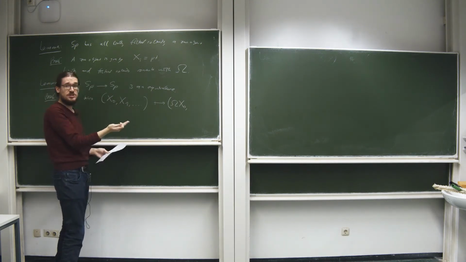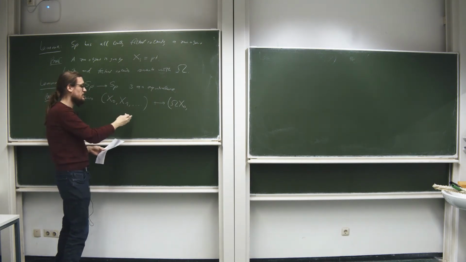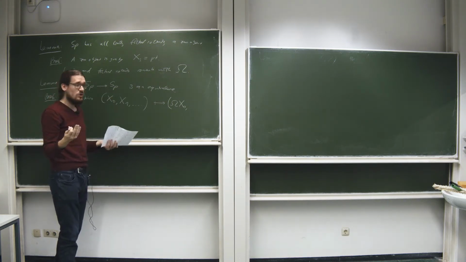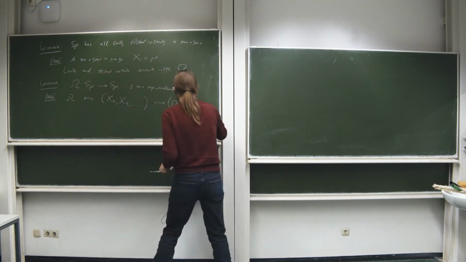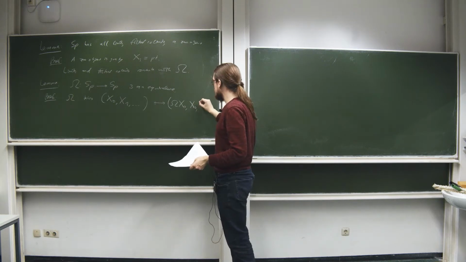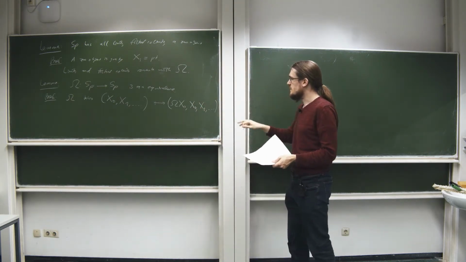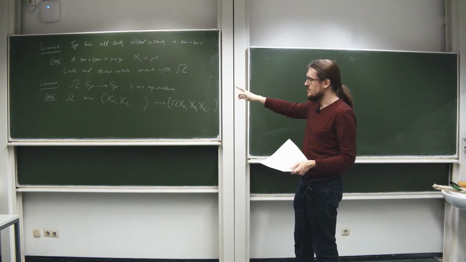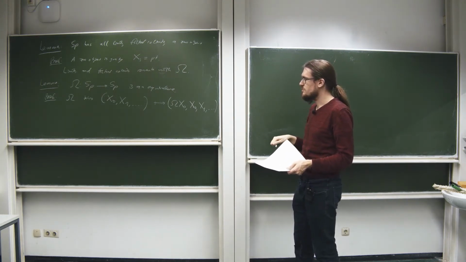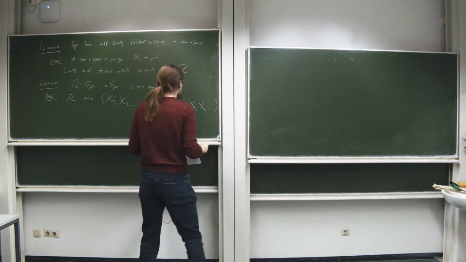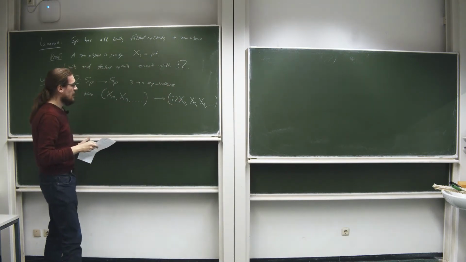But loops x1 is just x0, and loops x2 is just x1. And so you can write this like this, the implicit claim being that these identifications are compatible, but it's not too hard to check.